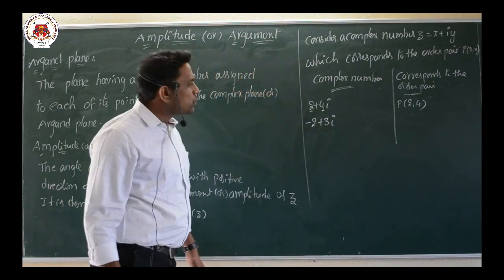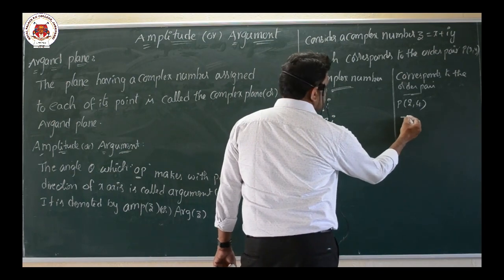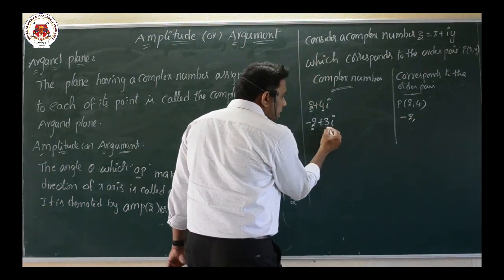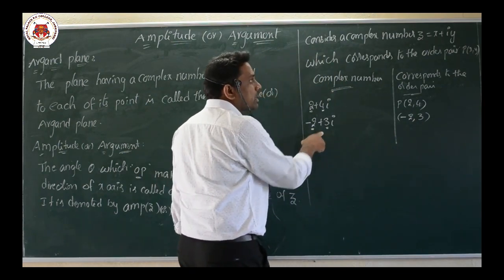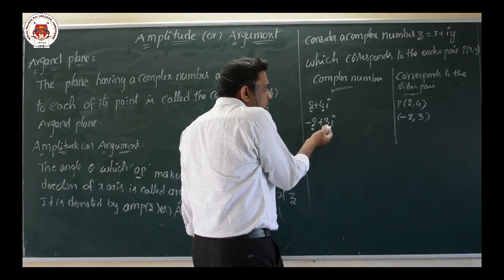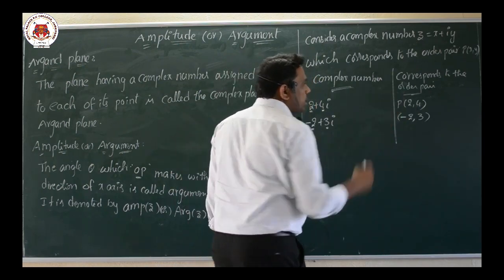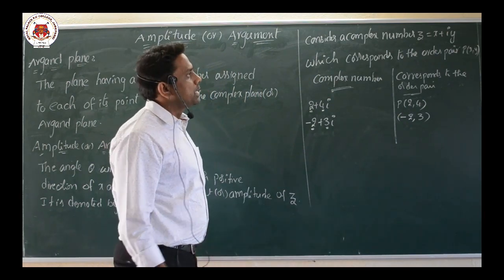Here the real part is minus 2, so we first write minus 2, and the imaginary part is 3. So this complex number can be expressed in this form. This is the ordered pair form: real part followed by the imaginary part.